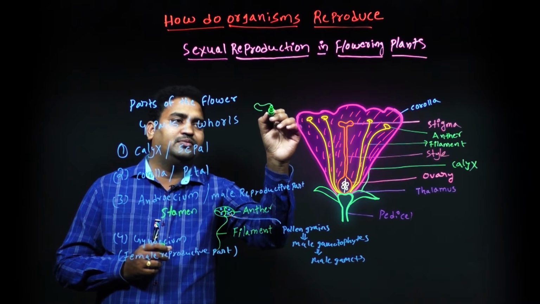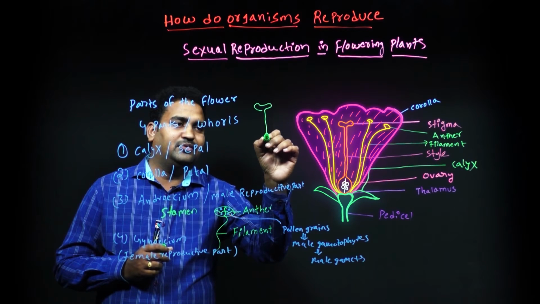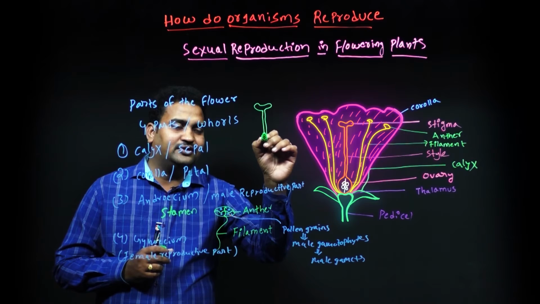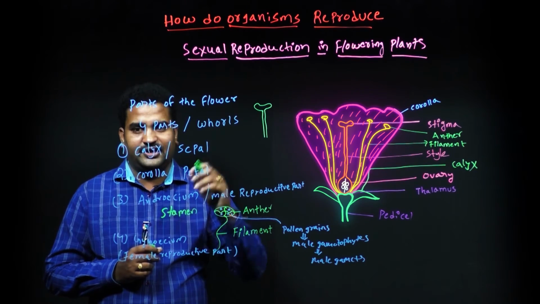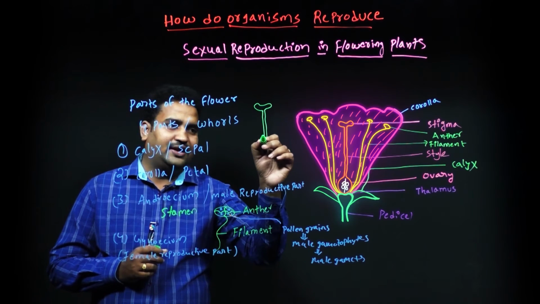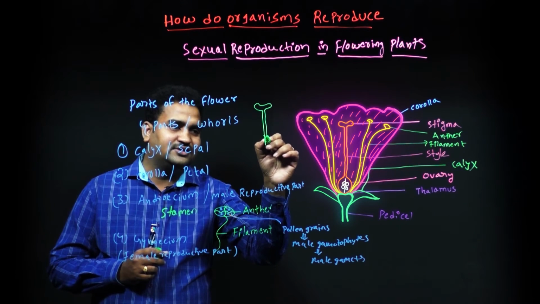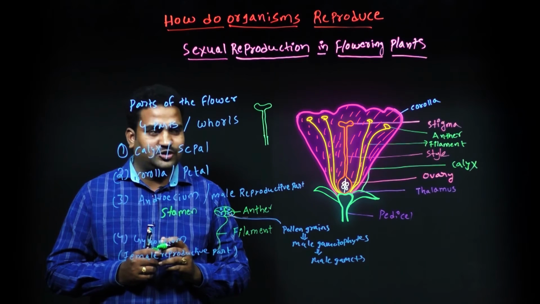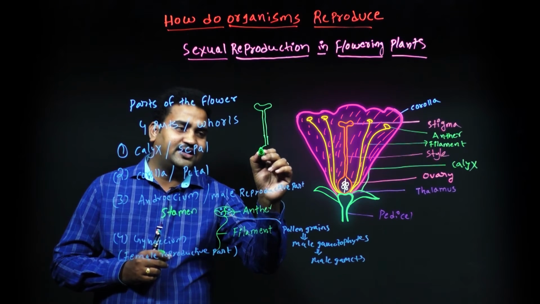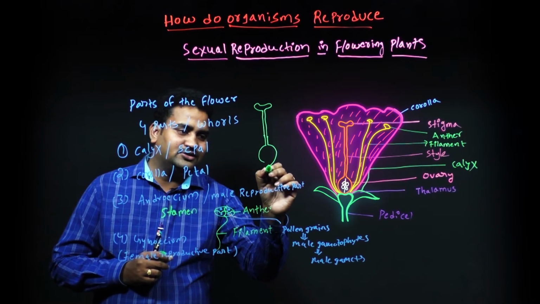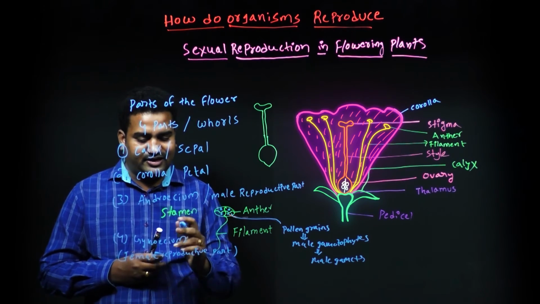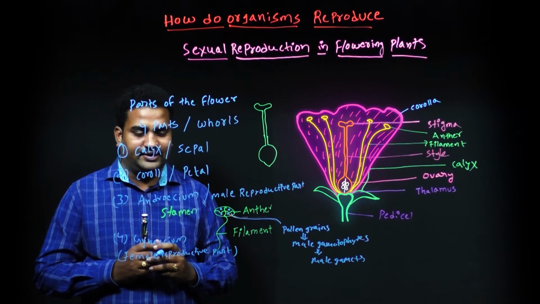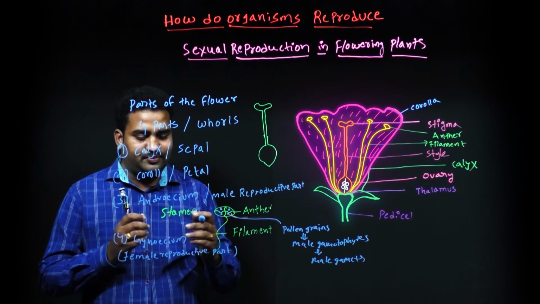The upper part is called stigma, which is the receptive part, which acts as the landing platform for the pollen grains. And the middle one is style, which is the connective part, and the lower basal swollen part is ovary. A typical gynoecium contains carpels or pistils.